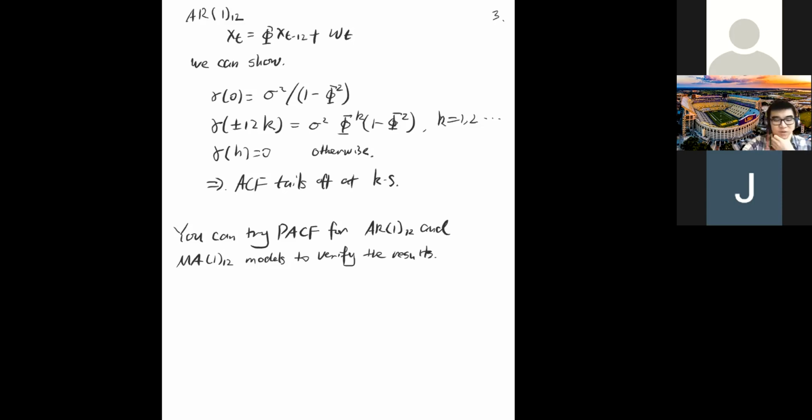I think it's pretty easy. It's not that easy, but if you understand the definition of the PACF, it's just a partial correlation. You can easily see that this result holds. All right. Okay, any questions here?